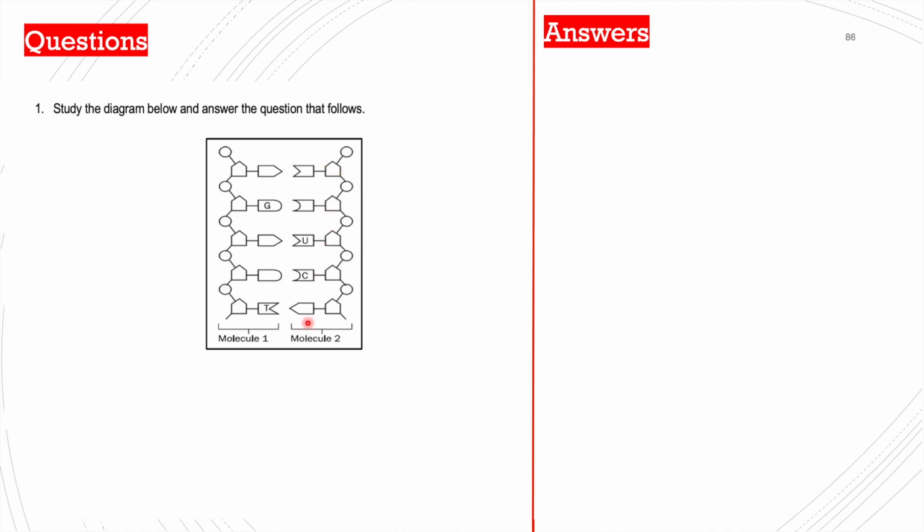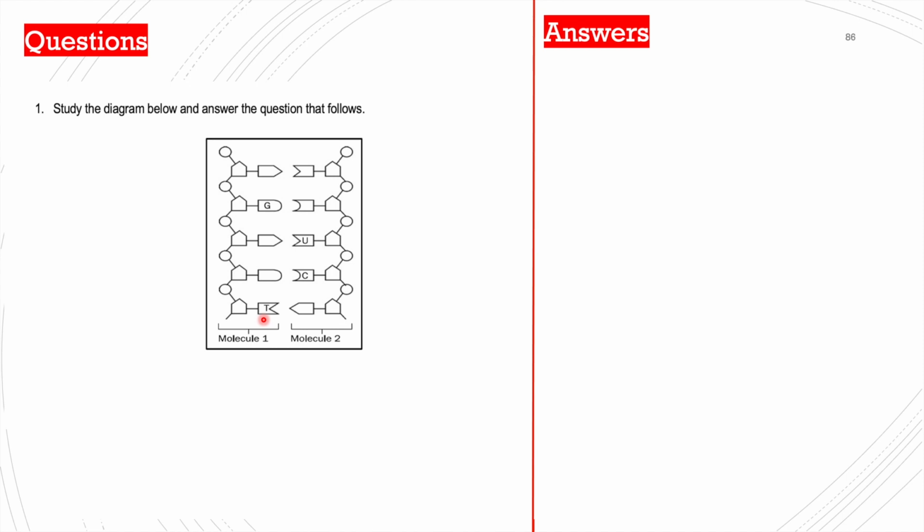This molecule over there contains the nitrogenous base uracil, contains the nitrogenous base U. So it means that this strand is a strand of a molecule being RNA. And then when you look at molecule 1, it contains the nitrogenous base T for thymine.